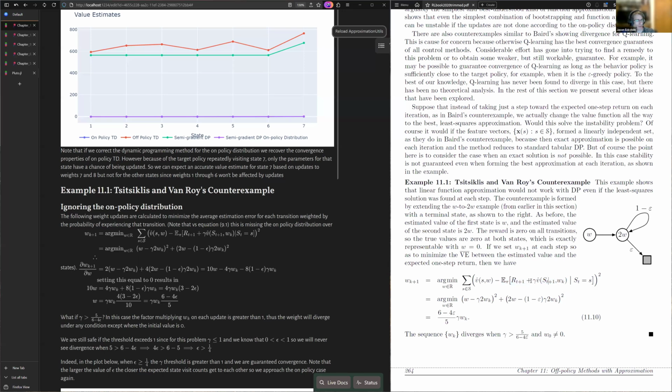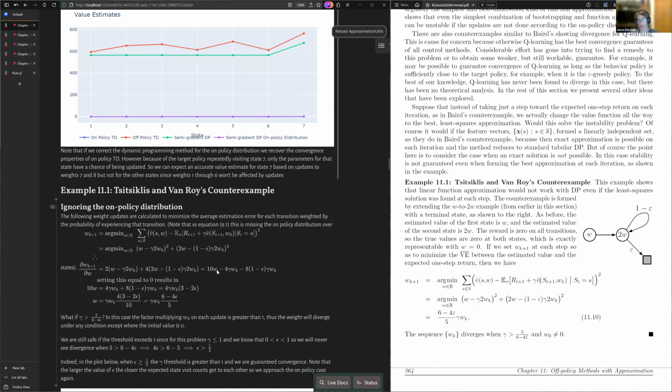So this should be able to converge to the TD fixed point if we do this. Because we actually have this v hat in the expected value, if we did this properly, it should converge to whatever the TD fixed point is. But again, in this problem, that would require a little more.